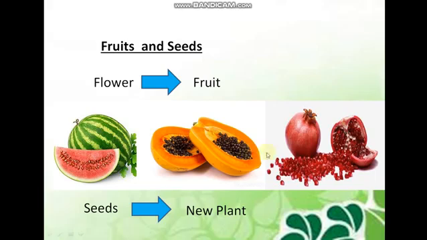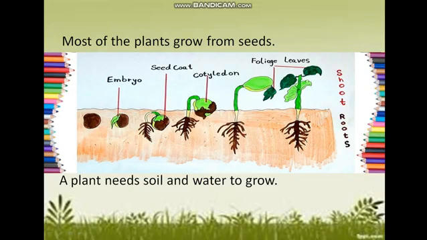Just see what these things are called. The black ones in the papaya. Wow, red. All these are called seeds. So what do we have inside the fruit? We have the seeds, and seeds become a new plant. You know that we just sow a seed and it becomes a new plant. Most plants grow from seeds.